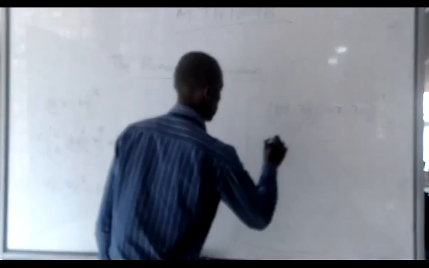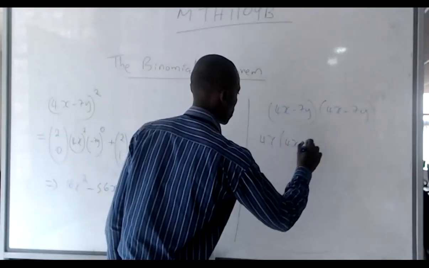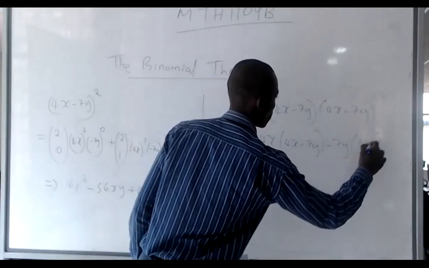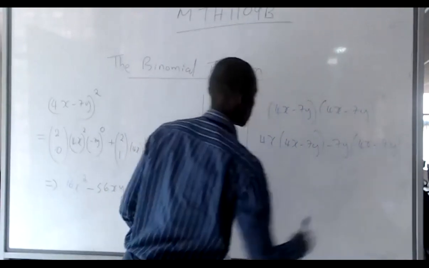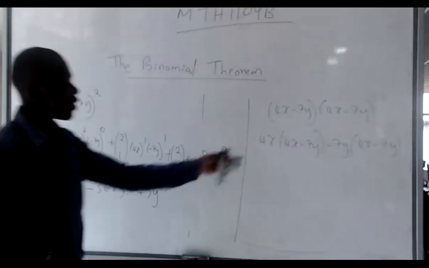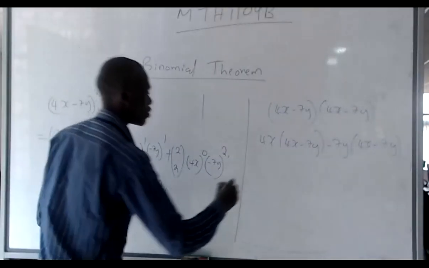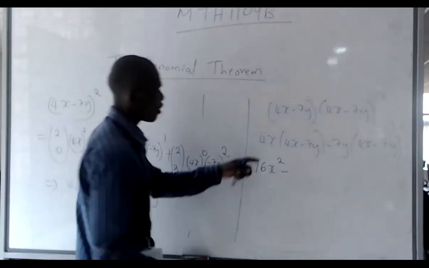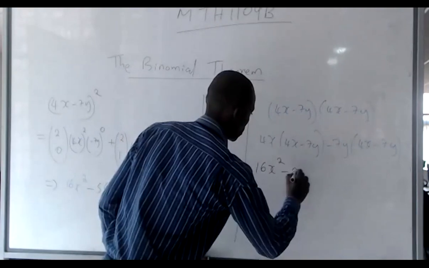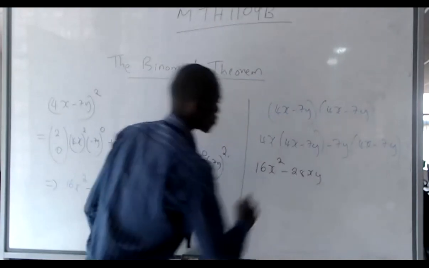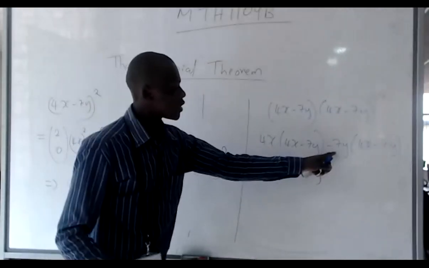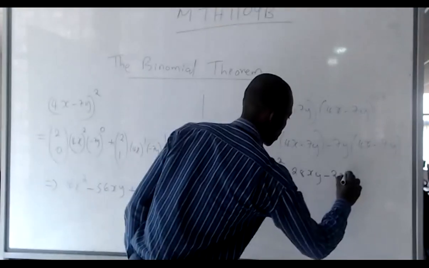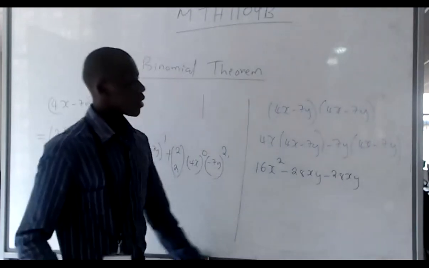So we have 4x multiplied by (4x − 7y), then −7y multiplied by (4x − 7y). 4x times 4x is 16x squared, minus 4x times 7y is 28xy, minus 7y times 4x is minus 28xy.